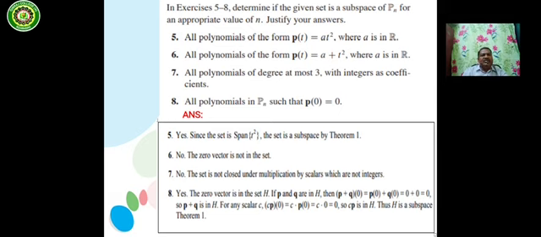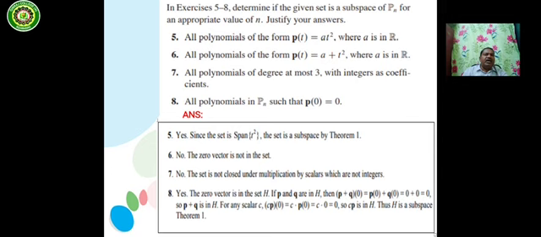The 0 vector we write as 0 into t square. So that property is satisfied. Next, at square plus bt square, a plus b into t square, means the second property is also satisfied. So c into at square, ca into t square.